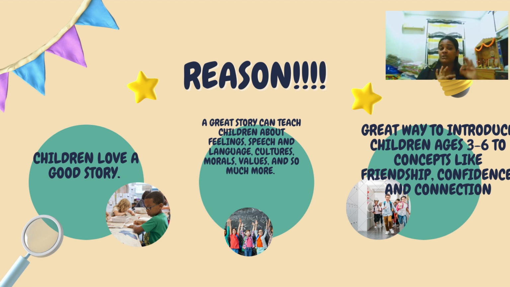And it's a great way to introduce children from 3 to 6 to concepts like friendship, confidence, and connection. With the story, I can teach them more and more moral values. Whatever I want to tell them, hey, you have to be like this, hey, you have to be like that. If I go and tell one slow learner, I mean, the way you do it is wrong, definitely he couldn't take it.